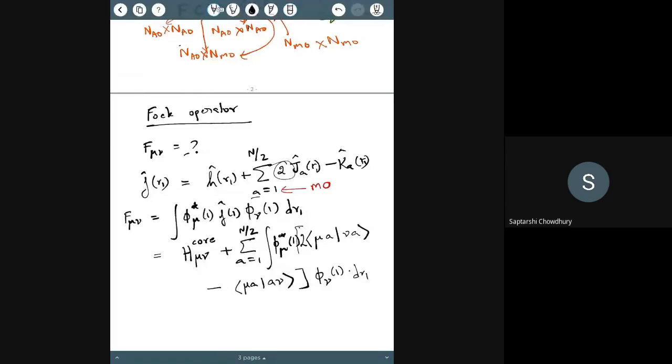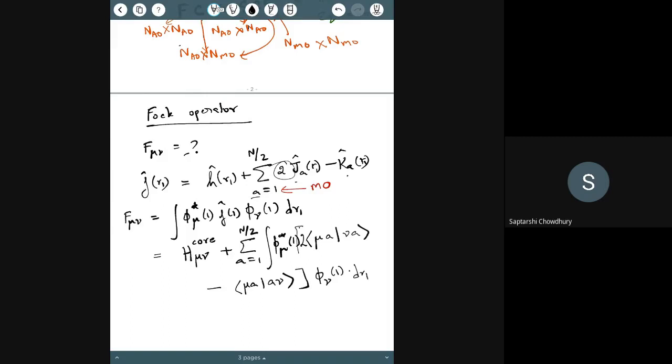I've just written out the Coulomb and exchange operators in terms of integrals, and I have my phi mu and phi nu.